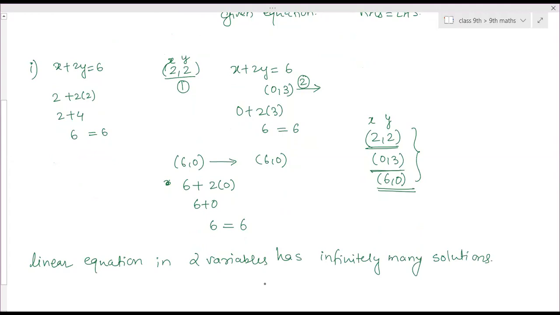So our task is to find the solutions. They will ask you to find 2 solutions of the equation, 3 solutions, maybe 6 solutions.